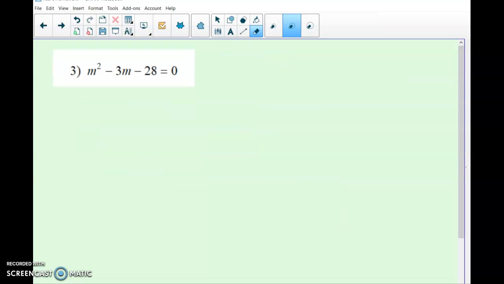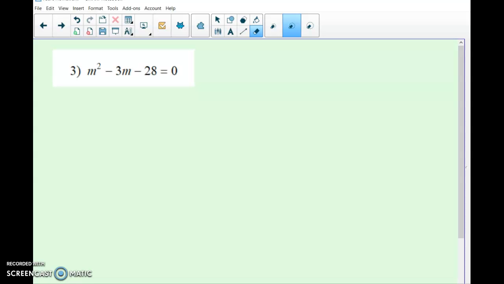Let's try a second one. Little different. Why is this different? You're right. M squared is a perfect square, but 28 is not a perfect square. So we're going to factor it pretty much the same way.